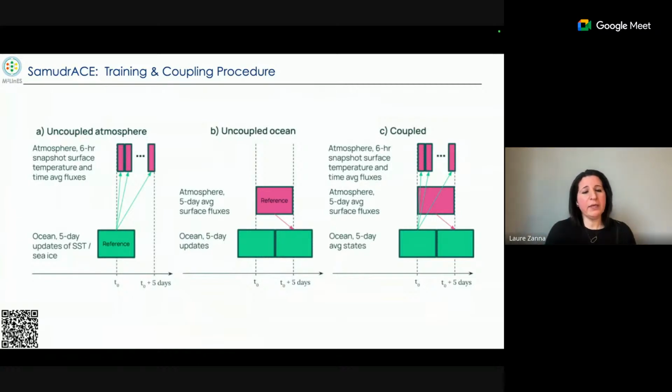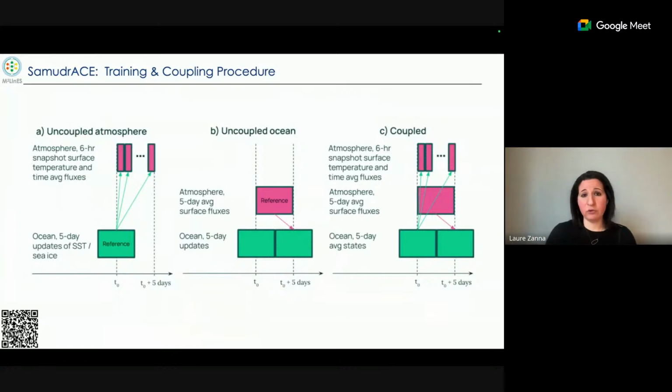What we've been doing is to train the coupled emulators separately, meaning we trained an AI emulator for the ocean by itself, one for the atmosphere by itself, and then we coupled them. This is the way that climate models are typically developed, each component by itself, and then they are coupled.